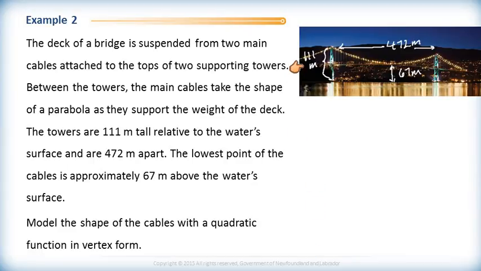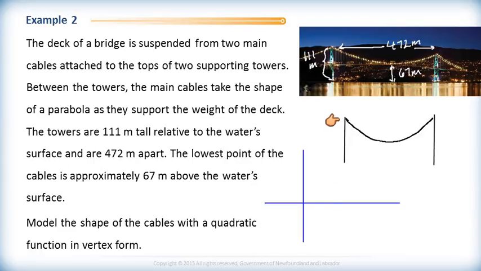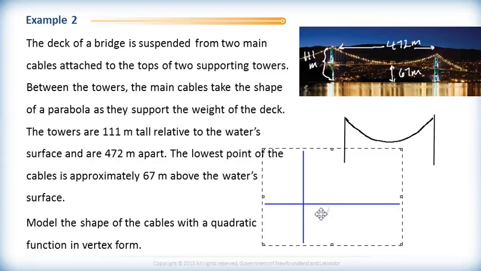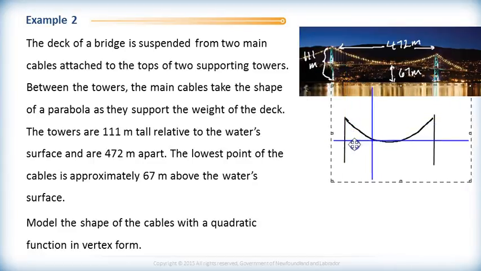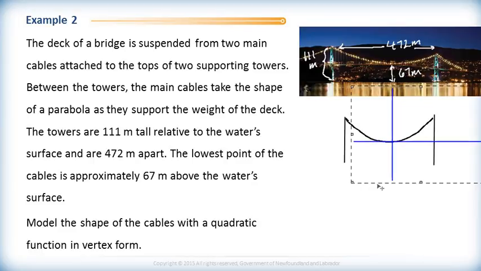To help us understand the problem a little bit better, I've put some of those values right here on the picture. We'll transfer them to a graph. I've drawn my own sketch of the towers and the cable, and I need to decide where I'm going to place my axes. I could, for example, go up here, or something like this.